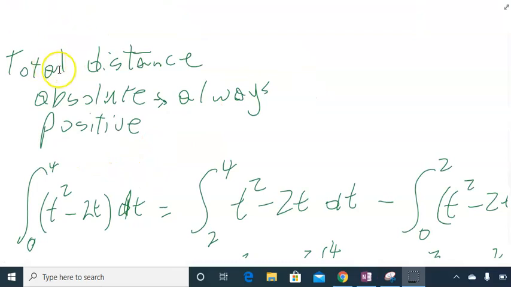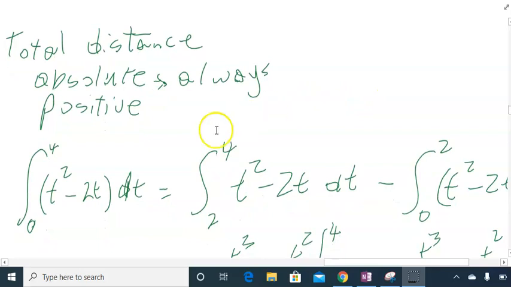Here's the total distance. The total distance is absolute. It's always positive. So you could just put absolute values over the negative part, or you could do the positive part minus the negative part, and that still gives you a positive. Okay, so let's do it this time by taking the positive part, subtracting the area that would be negative.